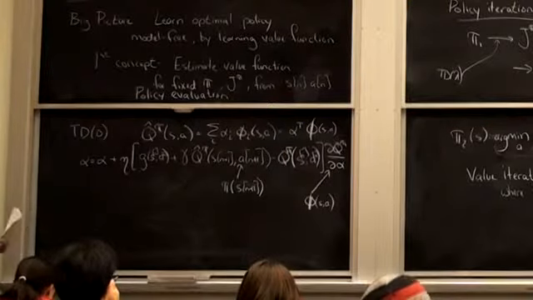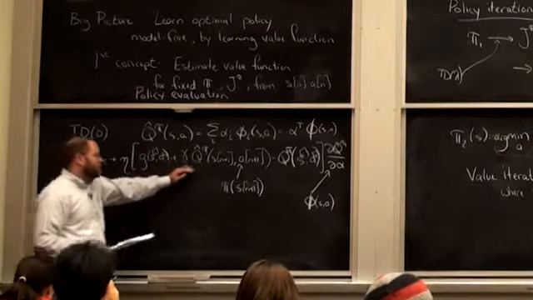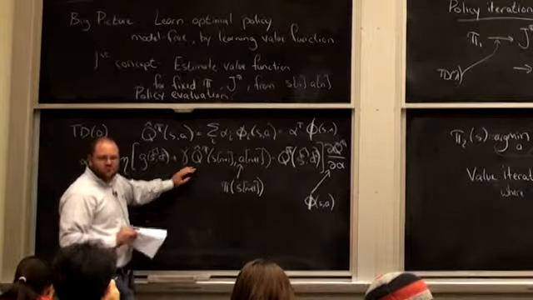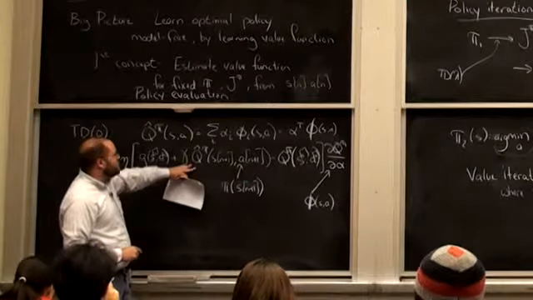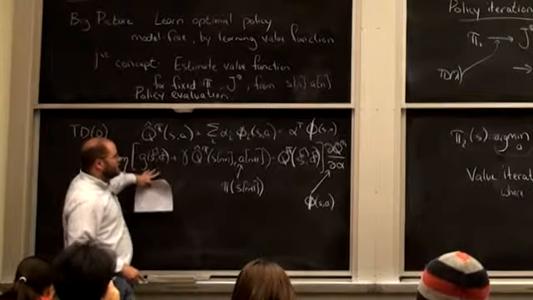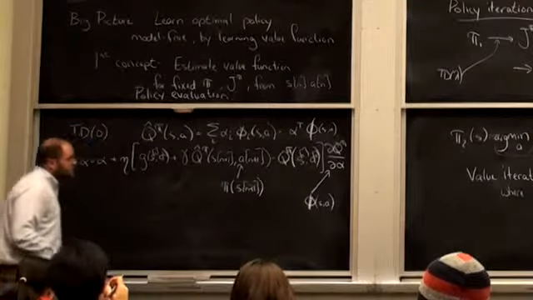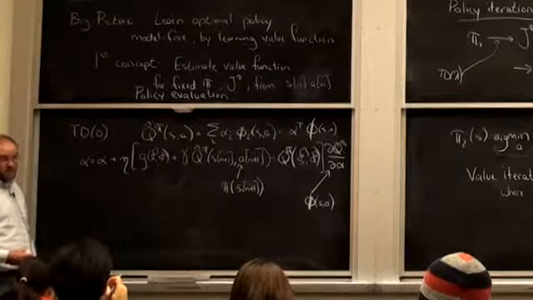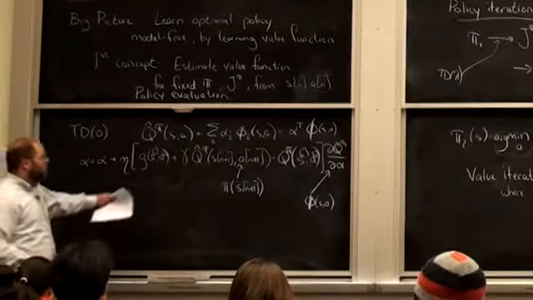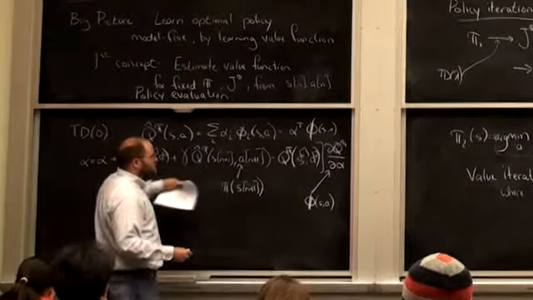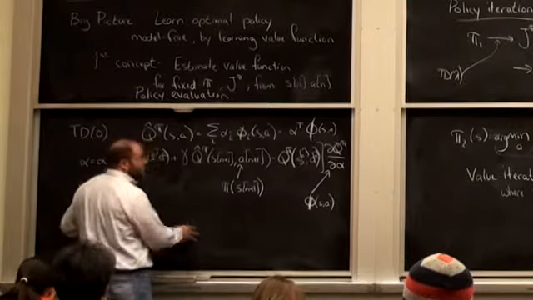People get that it's not quite gradient descent, but it looks a lot like what I would get if I was trying to do gradient descent on something. Only in the case of TD1 is it actually gradient descent.